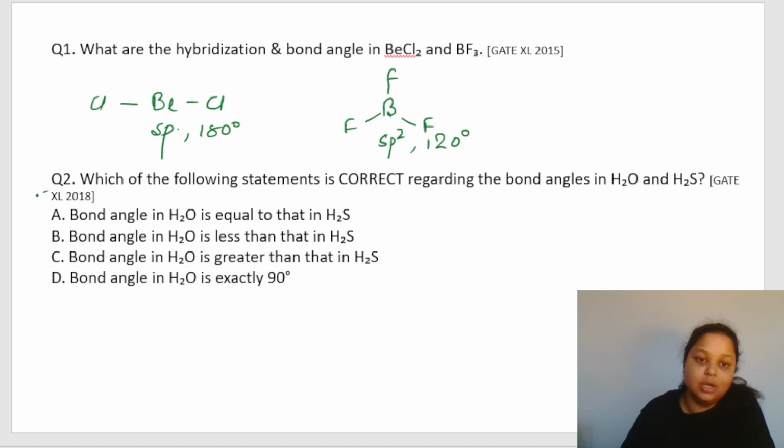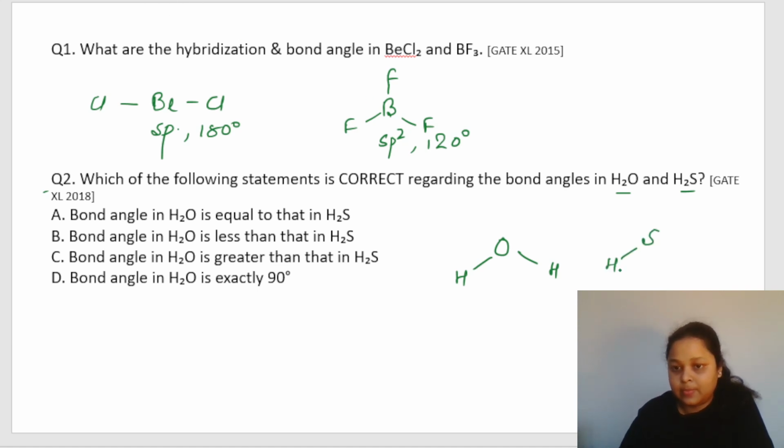Now the second question, which is: which of the following statements is correct regarding the bond angles in water and H2S? For water and H2S, both have this bent structure, with sulfur and hydrogen, and both have lone pairs here.